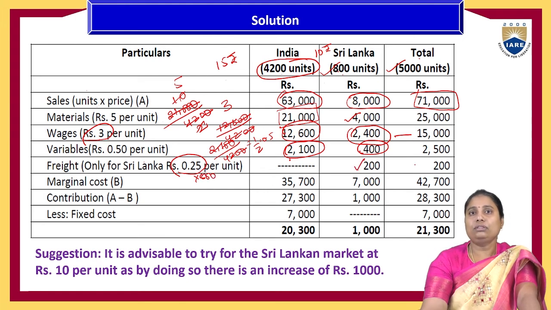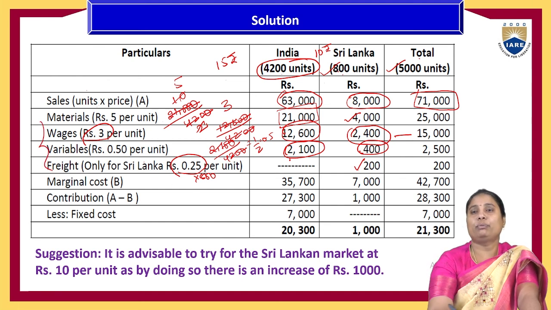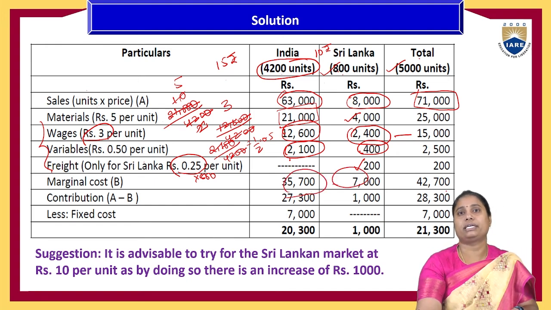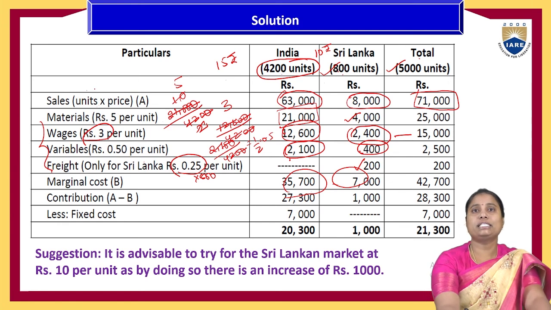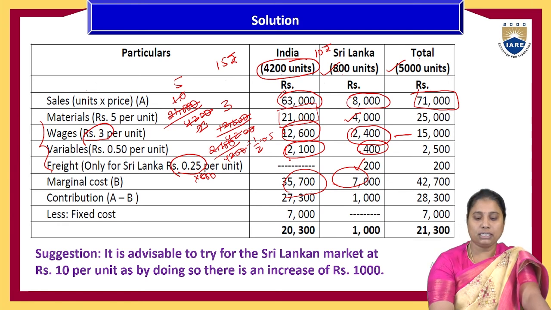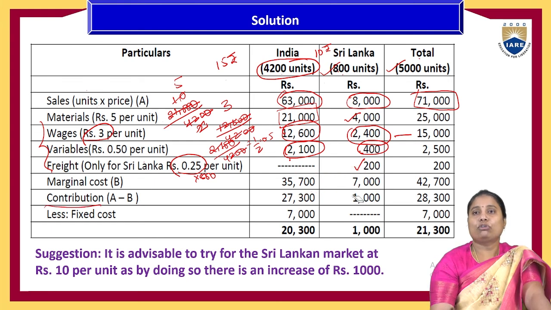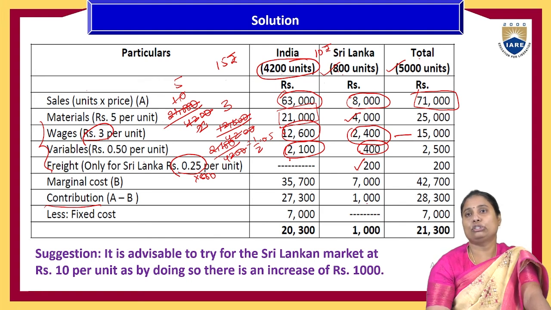So the total marginal cost will be 35,700, and adding the fixed cost of 7,000, that is equal to 42,700. And if we deduct the marginal cost from sales, then we will get the contribution value. From India they are going to get a contribution of 27,300 and 1,000 rupees as the contribution from Sri Lanka.